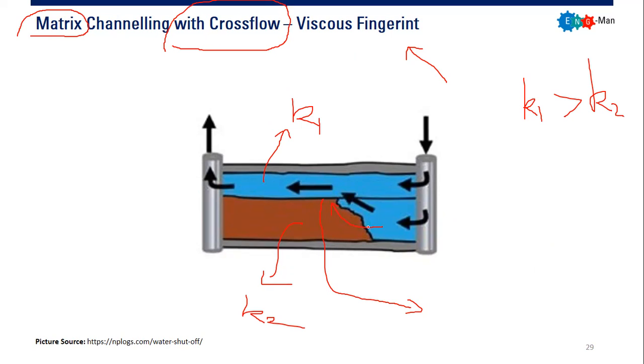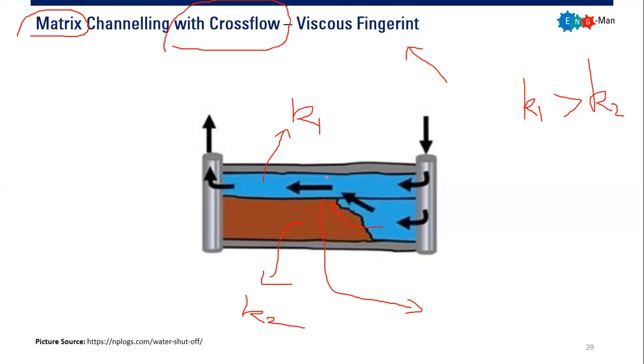Okay, so water in this case will flow from layer 2 to layer 1 because of depletion occurring in the layer 1. Okay, and of course the viscous fingering also makes the problem worse.